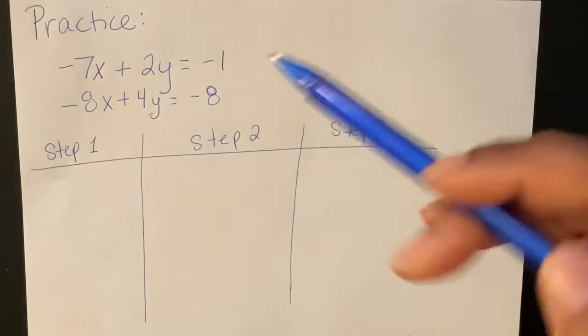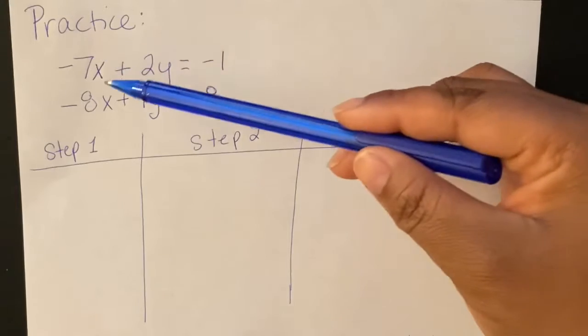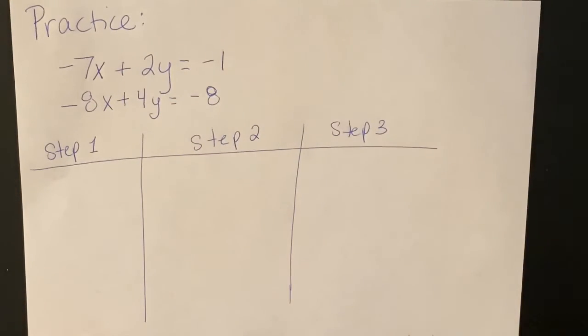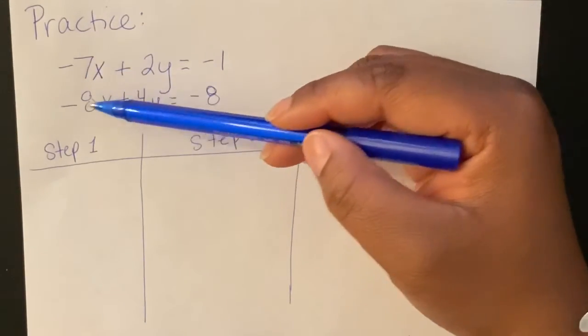So here we have the system negative 7x plus 2y equals negative 1, and negative 8x plus 4y equals negative 8. I need to first decide which variable to eliminate. Am I going to eliminate y or x? Well, here I see a negative 7x and negative 8x.